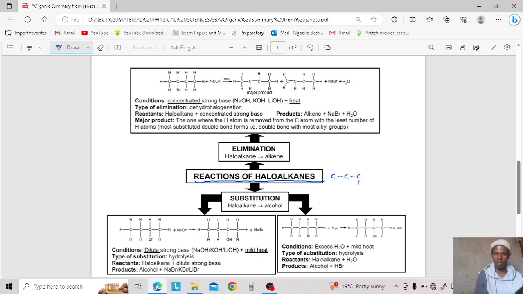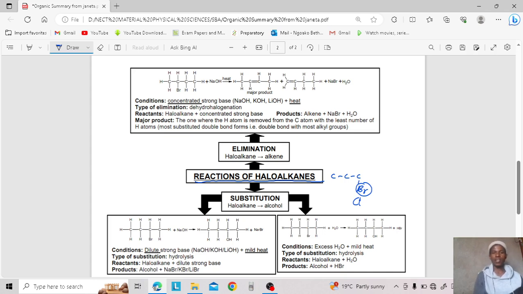It can be Br, it can be Cl, it can be iodine, and it can be fluorine, but normally we use the bromine and the chlorine bonded to the carbon. So in a haloalkane there must be a halogen group, with atoms such as bromine, chlorine, fluorine, and iodine.